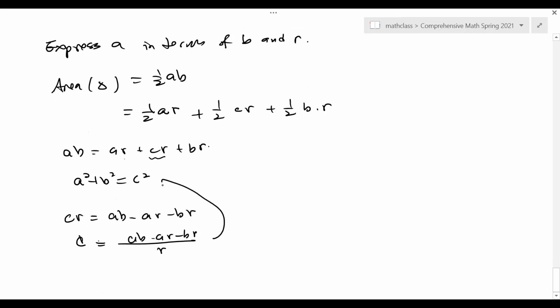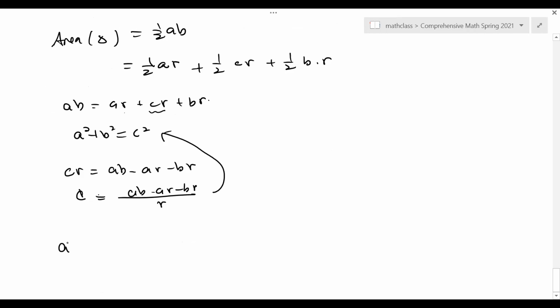Okay, so you put it into the Pythagorean theorem formula, and then you will get this identity.